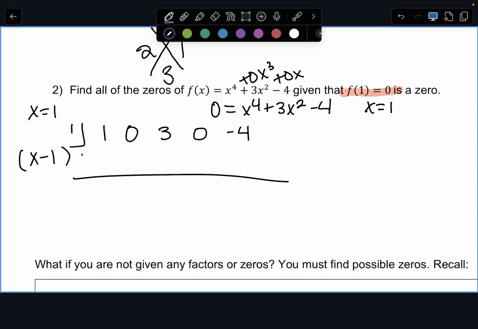Okay, we drop the first one. And then we start multiplication, addition, multiplication, addition. The whole time we're just multiplying by 1. So whatever I get on the bottom row is just going to hop right over to the next column. So 1, 0 plus 1 is 1. 3 plus 1 is 4. 0 plus 4 is 4. Negative 4 plus 4 is 0.